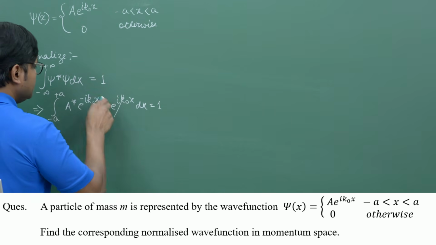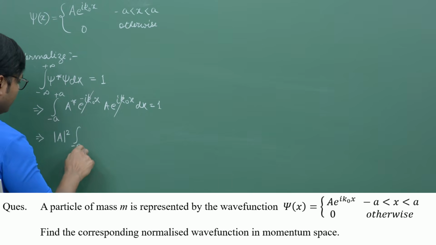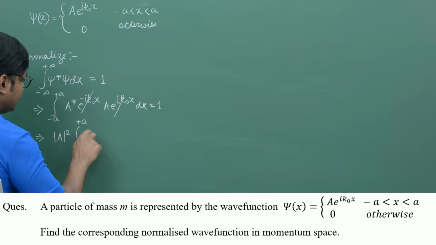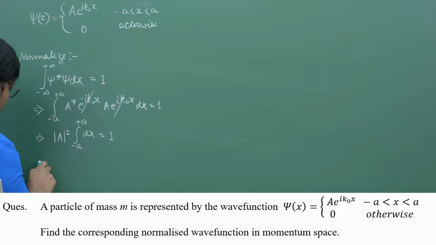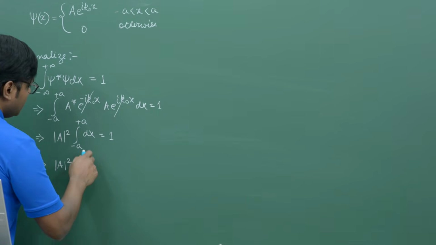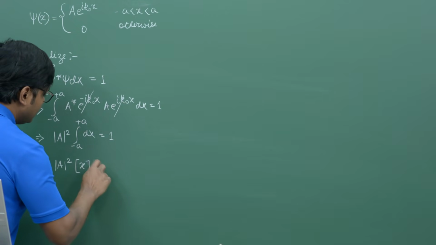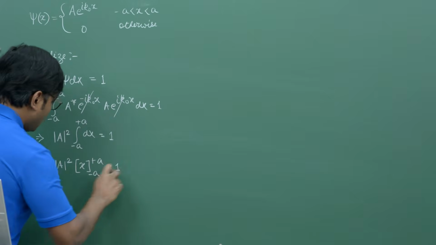Of course, these two terms get cancelled and all you are left with is A star times A, mod square, integrated from minus a to plus a dx, is equal to 1. This becomes mod A square times x from minus a to plus a equals 1.